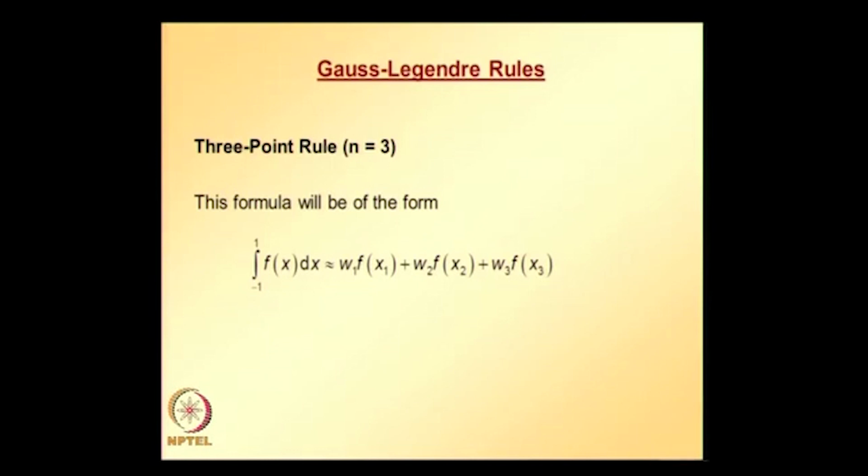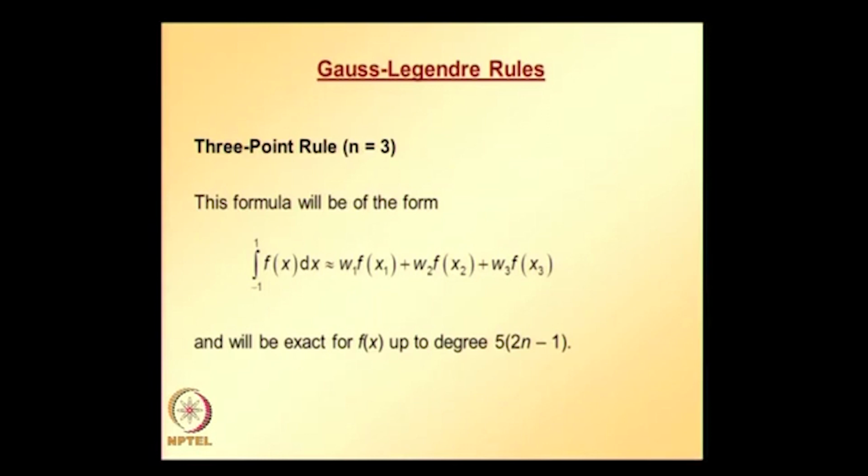We need to determine these weights and locations w1, w2, w3, x1, x2, x3, and what about the accuracy? This formula will be exact for a function up to order 5, because an n-point Gauss-Legendre rule is going to be exact in evaluating an integral having an integrand of order 2n minus 1.